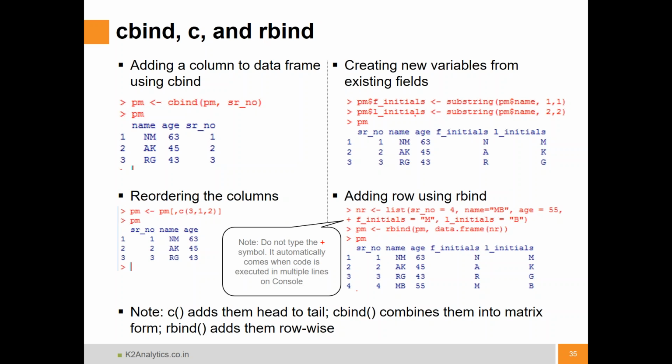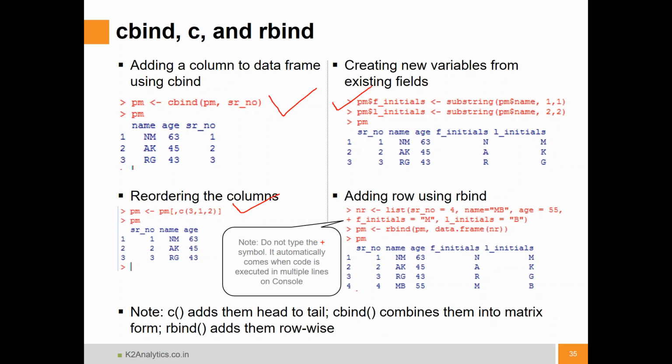We have seen how we can do cbind. We can reorder the columns. We can create new columns. At times we may want to insert data. For example, I get transaction data on a daily basis and I import that data from some file.